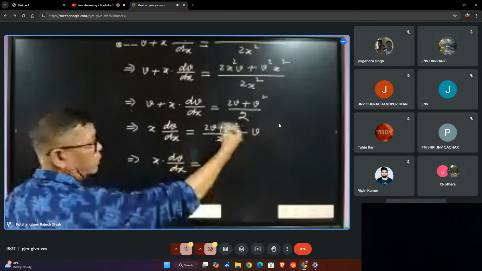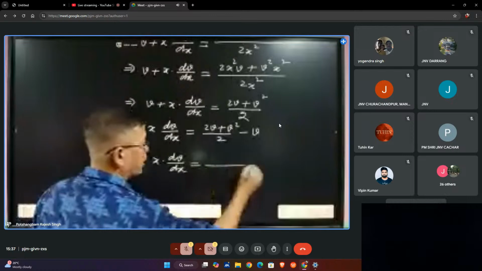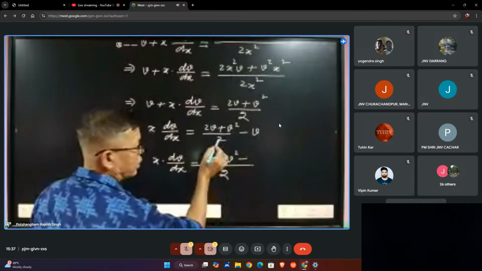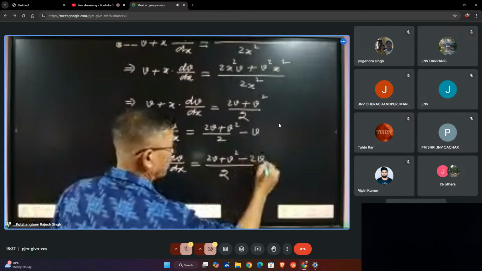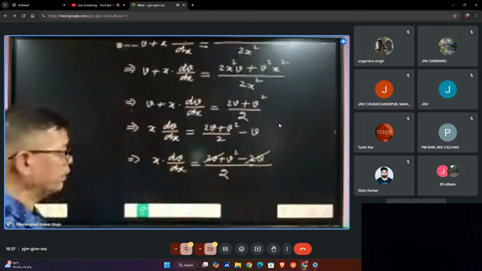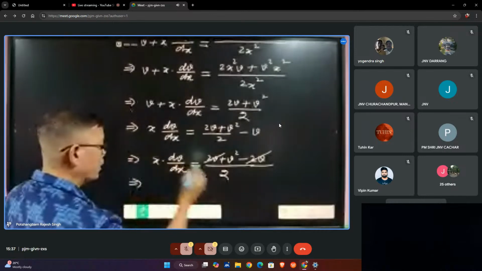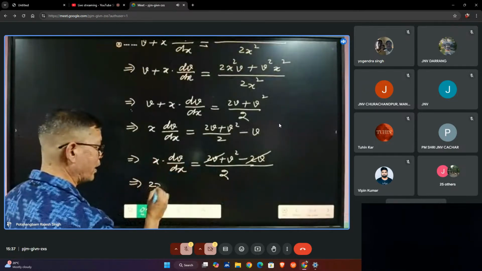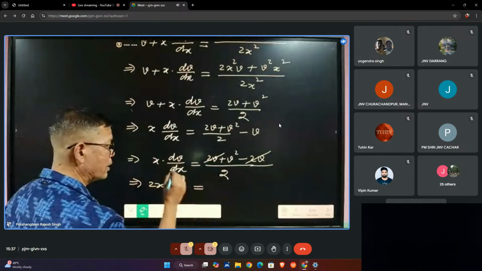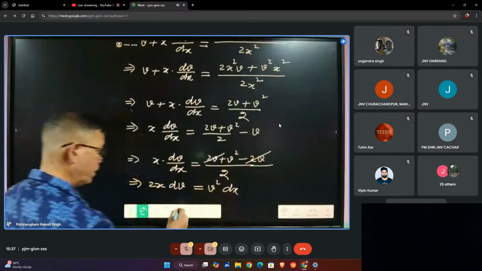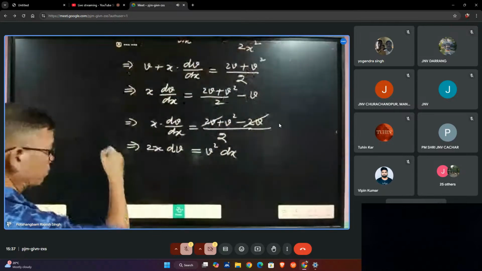Now simplify this. The LCM is 2: twice v plus v squared minus v multiplied by twice, which gives v squared. Cross multiplying the 2, we get twice x dv, and dx cross multiplies to v squared dx.